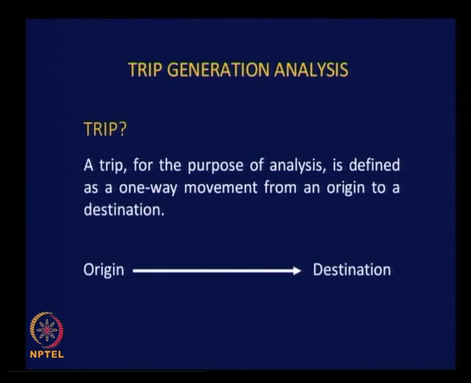One-way movement of a person from an origin to a destination. What do we mean by origin or destination in connection with trip? Origin could be understood as home, destination as workplace. How exactly do we understand these two terms, origin and destination?